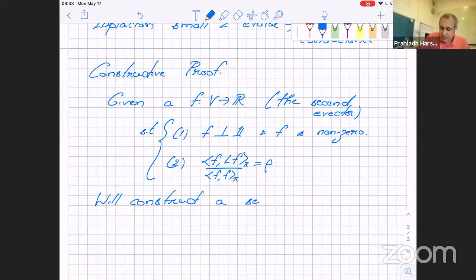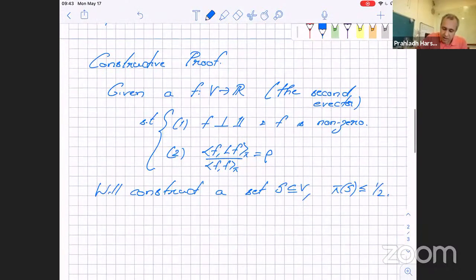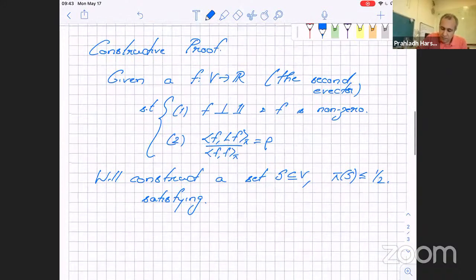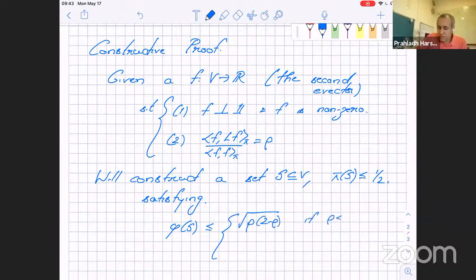we will construct a set S of vertices, so that firstly pi of S is less than or equal to half, and satisfying phi of S is less than or equal to square root of rho (2 minus rho) if rho is less than or equal to 1, and 1 if rho is greater than 1.